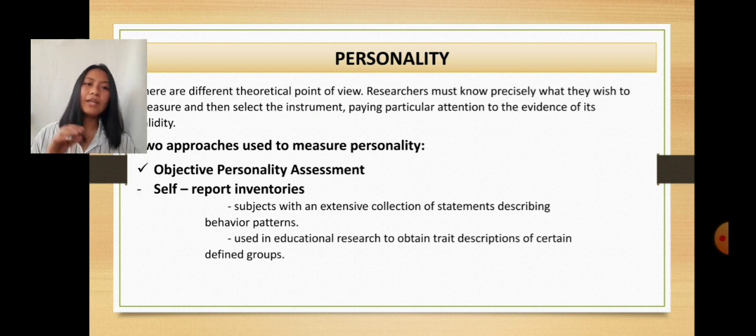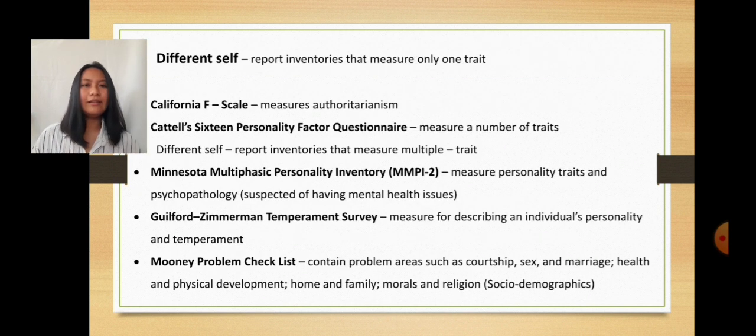When we say behavior patterns, these are describing the behavior of a defined group. It is used in educational research to obtain trait description of a certain defined group, and there are different self-report inventories that measure only one trait.